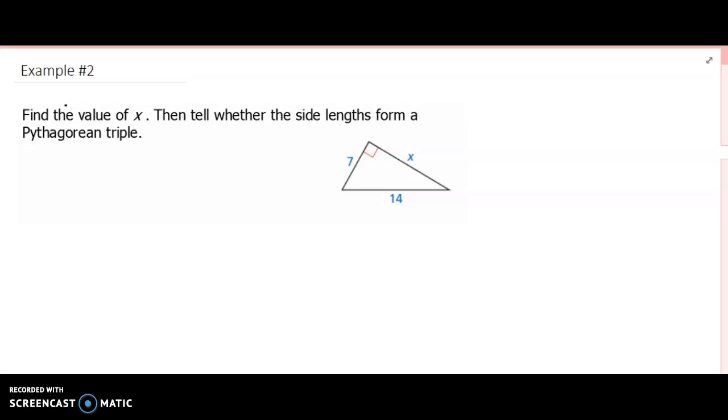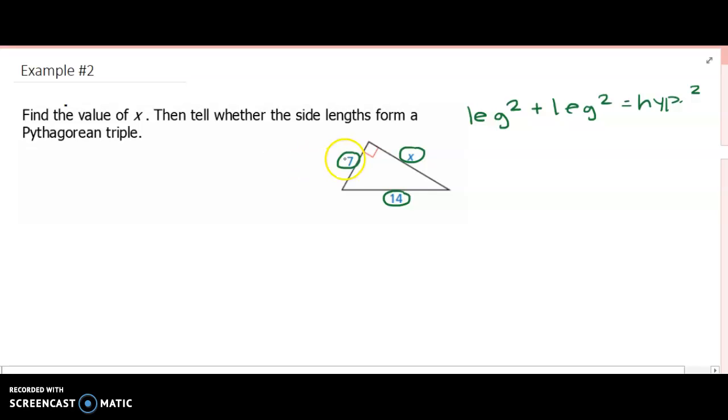All right, let's go ahead and I want you to try to do number 2 on your own, but I want you to pay attention because you set it up very similar to example 1, but there's also some differences. Remember, we're going to use Pythagorean theorem, which tells us the leg squared plus the leg squared equals the hypotenuse squared. All right, so 7 squared is one leg.